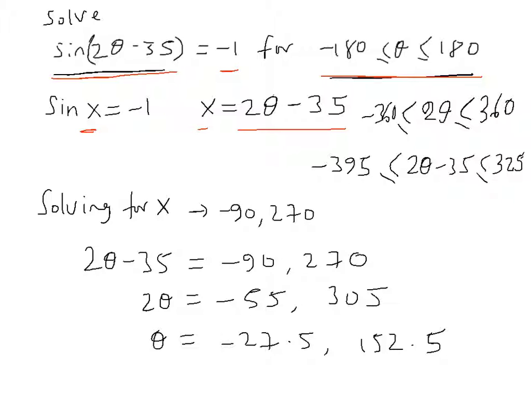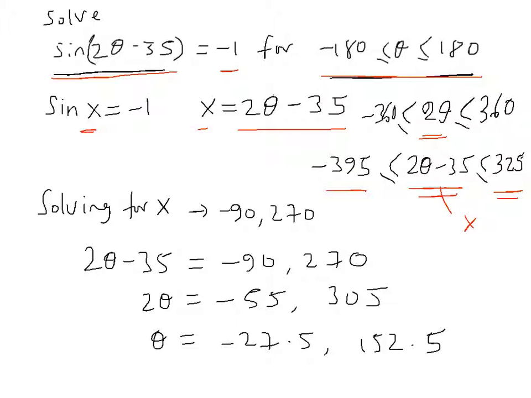However, if we're going to change our x's, we need to change our range of values for theta as well. So we can rearrange this for x, and we do 2 theta take away 35, and that's the same thing as x. So now we can solve for x within this range over here.